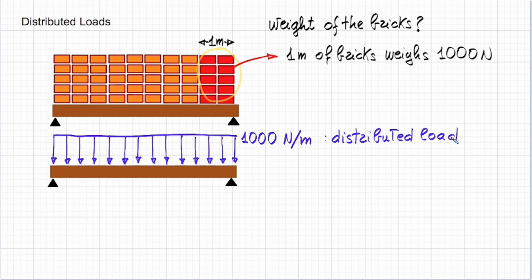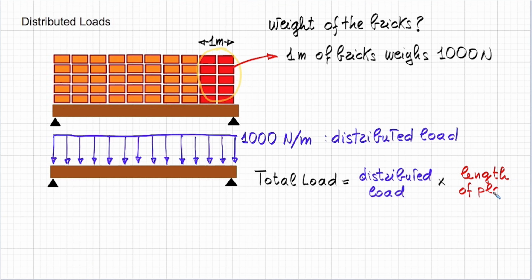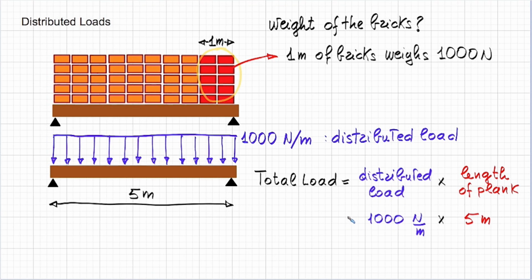So now if we want to calculate what is the total load that the bricks exert on the plank, we need to multiply the 1000 newton per meter by the length of the plank. Say that the plank is 5 meters long, then the total weight that the bricks apply to the plank, the total load applied by the bricks, is 1000 newton per meter times 5 meters, and that is 5000 newtons.